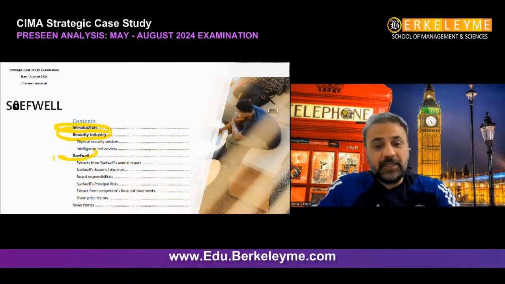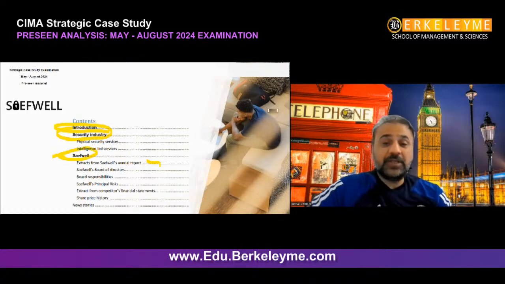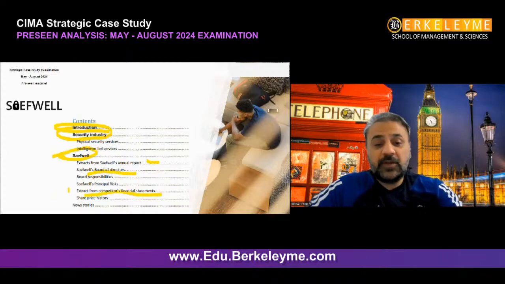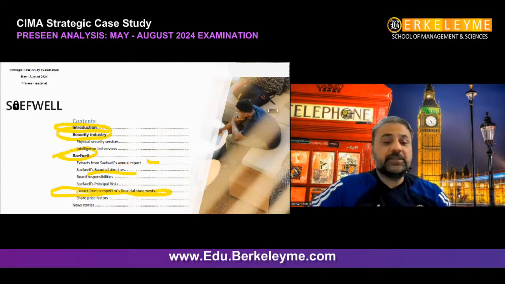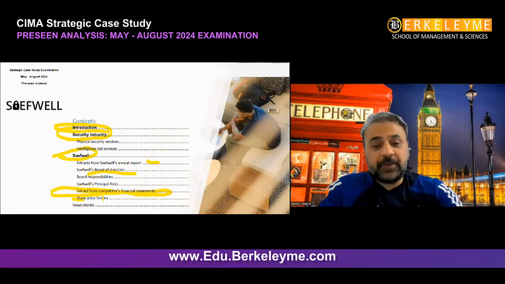Then there is a company, of course: what the annual achievements are, how the board looks, and what the board responsibilities are. And then there are the risks they have. And today I'm going to go straight away to financial statements and share price.